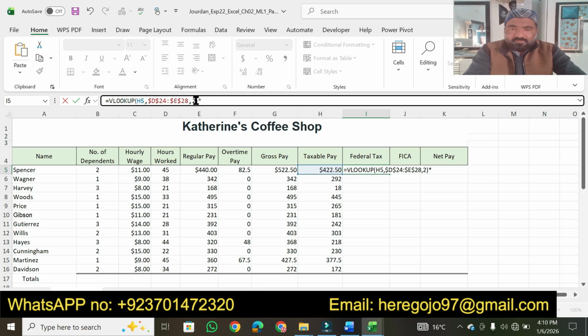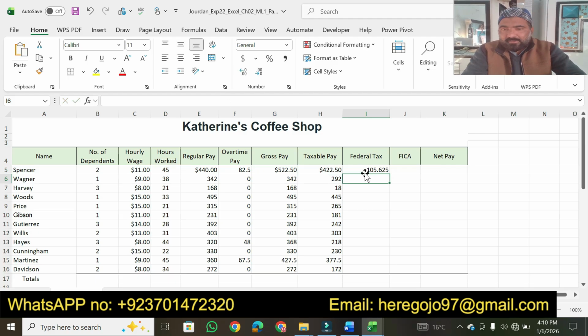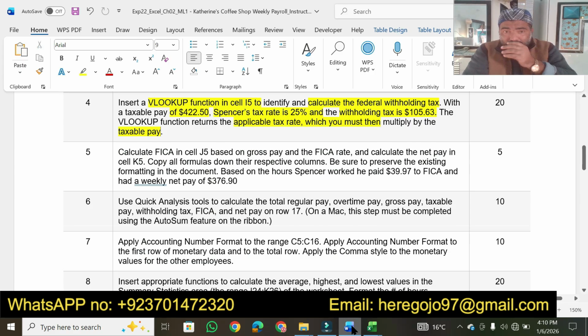Then we have to multiply by this taxable pay. That's why we multiply by H5, and we get the result. Okay, so question number 4 is done, and we have earned 20 marks from there.